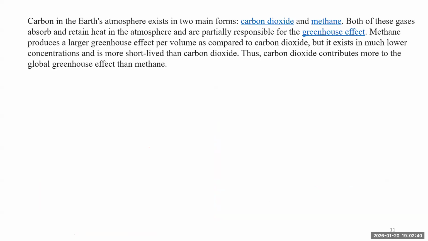When we talk about carbon emissions, we are talking merely about the carbon in the atmosphere. Carbon in the atmosphere exists in two main forms, carbon dioxide and methane. Both of these gases absorb and retain heat in the atmosphere and are partially responsible for the greenhouse effect.